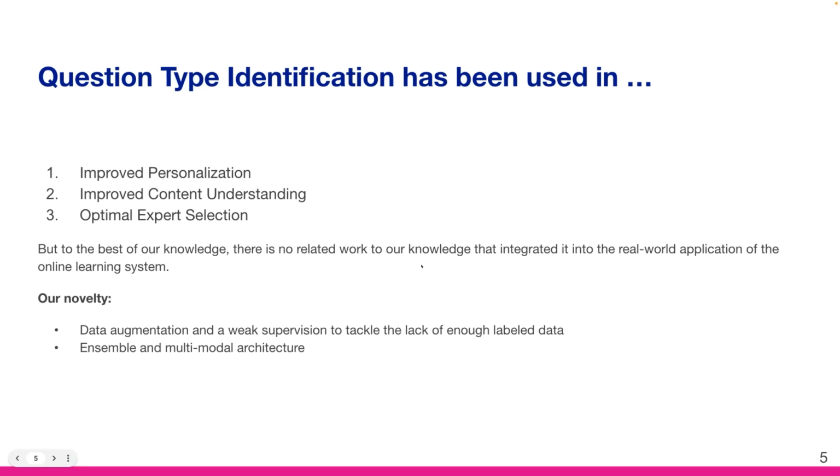And regarding our method and approach, technically, we have two novelties. We use data augmentation and weak supervision for this task because labeling is always expensive and time consuming. And also we have used a multimodal architecture because we have a machine learning model plus a rule-based algorithm, and the combination always gives better performance.